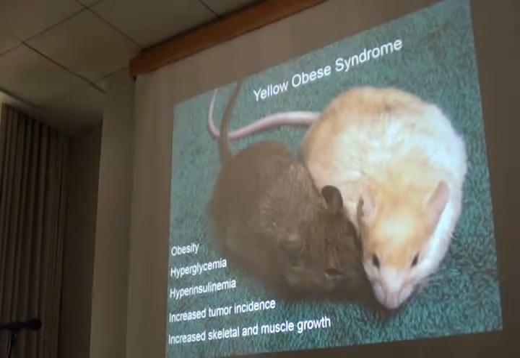But what we were interested in was what's been called the yellow obese syndrome. So you have some mice that have obesity, they're hyperglycemic, hyperinsulinemic, they have increased incidence of tumors, and they're also bigger. We wanted to know what was causing obesity in these mice.